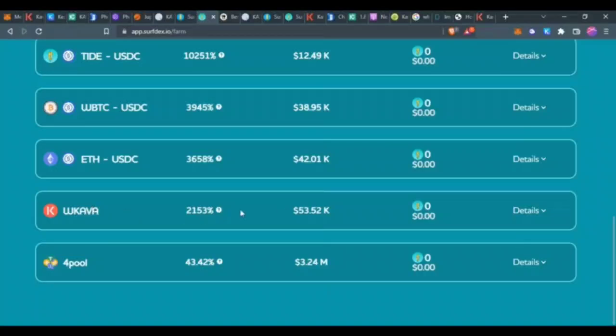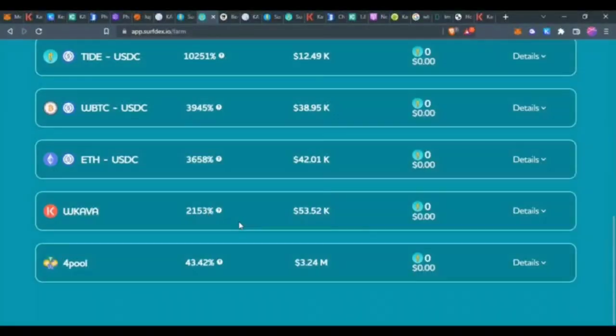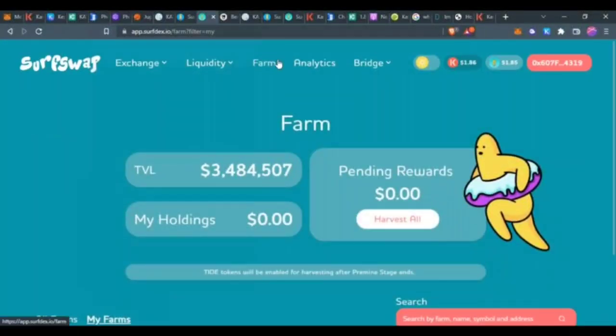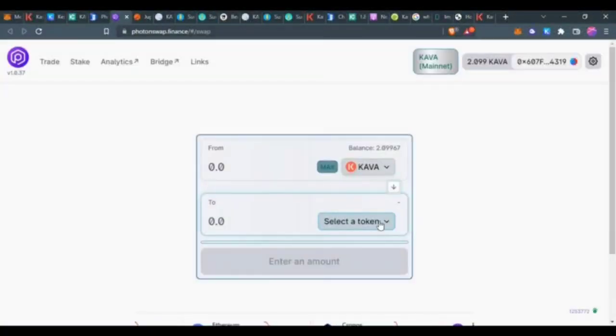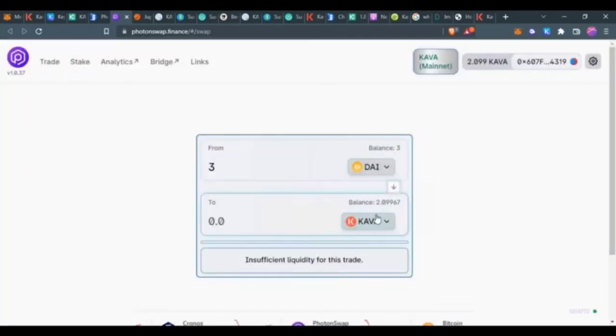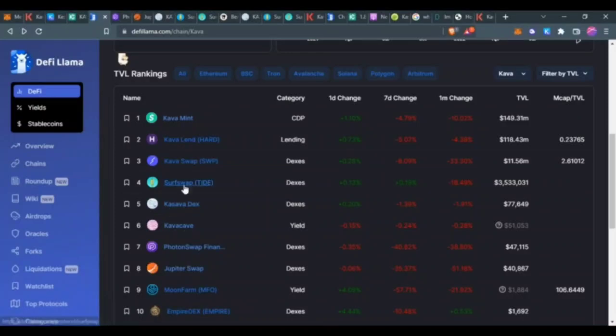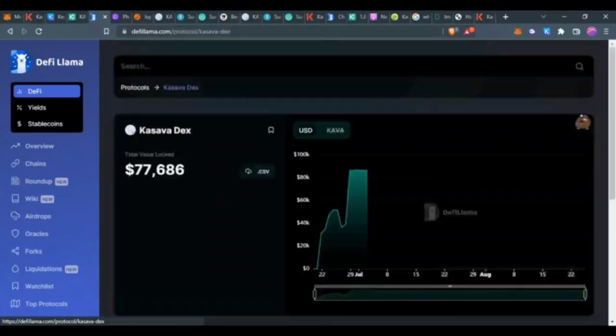Wrapped Kava, 2,000%. Why not? Instead of trying to, since we can't get access to the, let me see, what do we use for? I think that might have been Cassava.